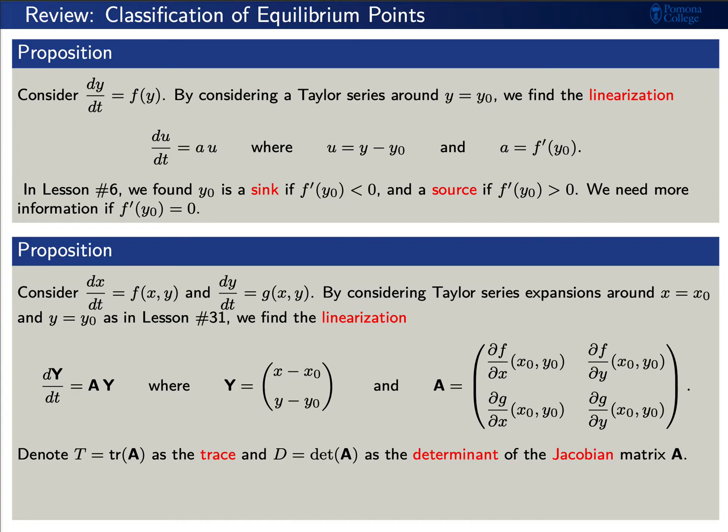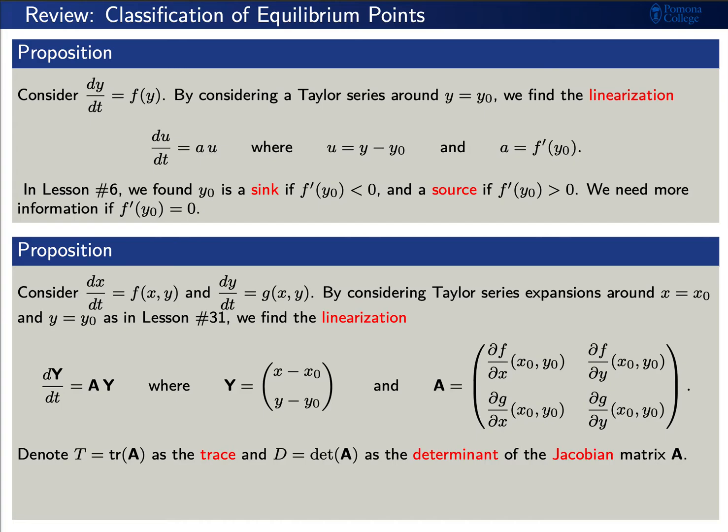Now we have a new variable, let's call this capital Y, which consists of (x minus x0, y minus y0). In this case, we find the two-dimensional linear system dY/dt equals capital A times Y, where capital A is what's typically called the Jacobian matrix.